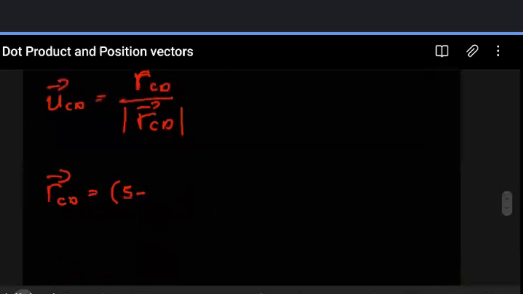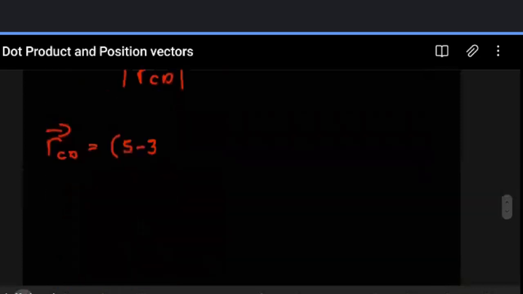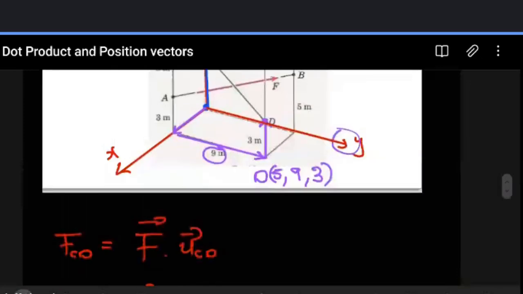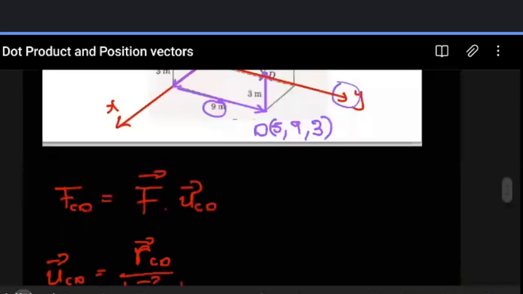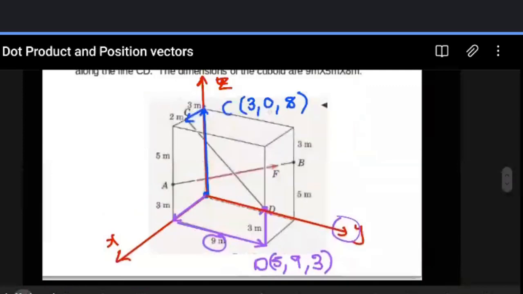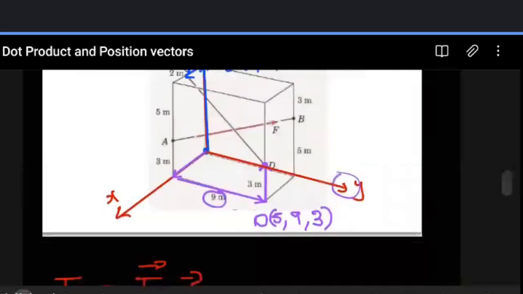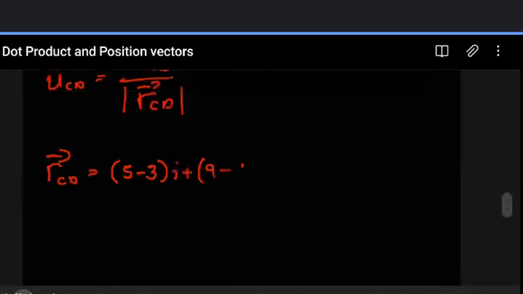So we have a 3 here. Plus, how about in the Y? In the Y, the final is 9, minus the starting point. For C, in the Y, the starting point is 0. So we're going to put 0 here.